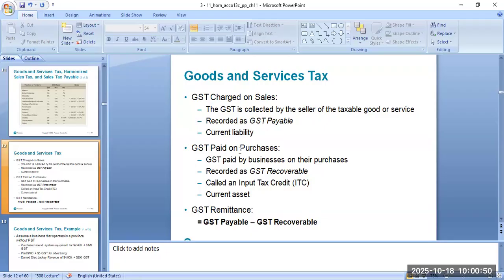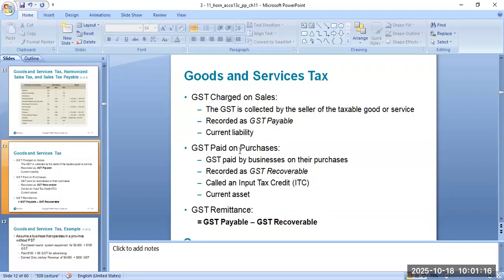The entity has to remit the GST to the government when the GST payable is more than the GST recoverable. The company can ask for a refund when the GST recoverable is more than the GST payable.